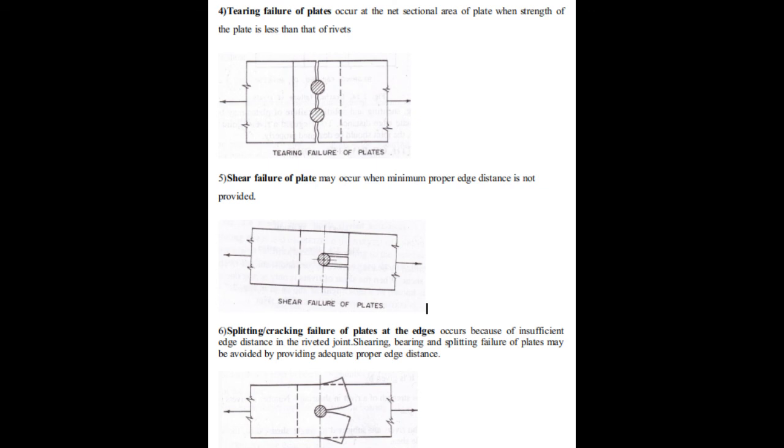Shearing, bearing and splitting failure of plates may be avoided by providing adequate edge distance. So as you have seen, if you maintain the codal specifications while designing, you can avoid all types of failures in a rivet connection.